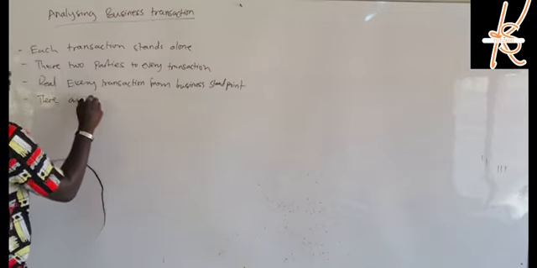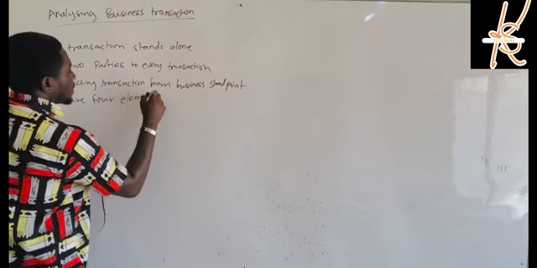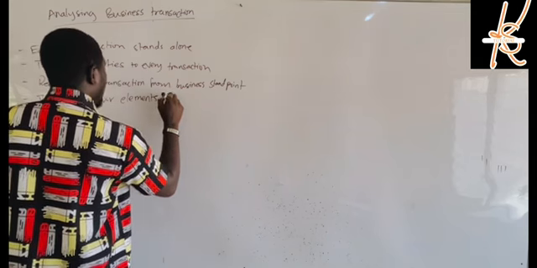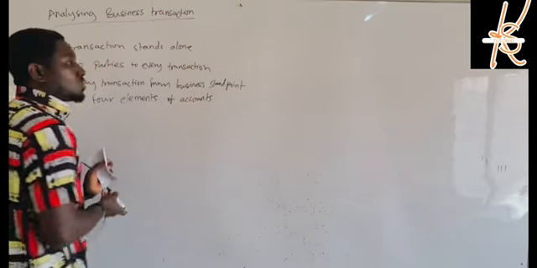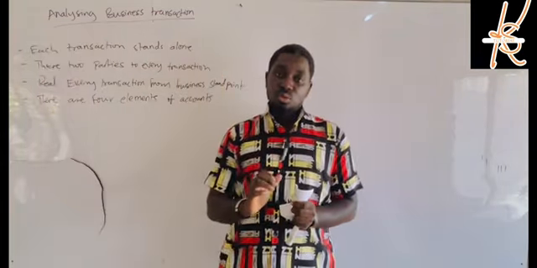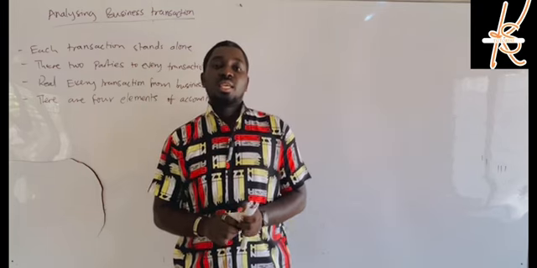Okay, that's another one. Then the next one is that there are four elements of account. So in every transaction that you read, either one or two of the four elements will appear.